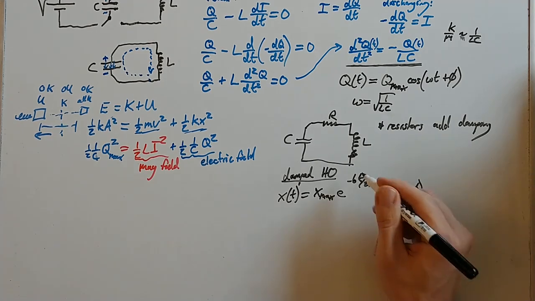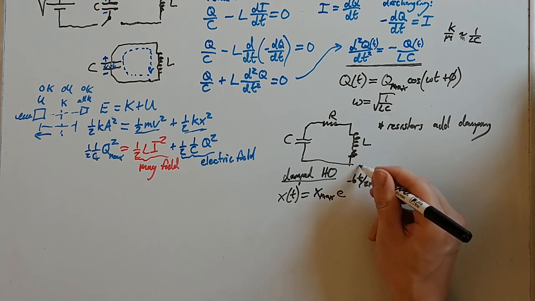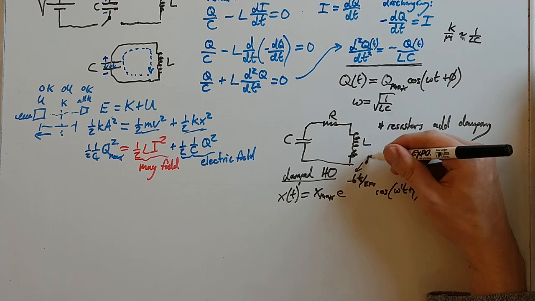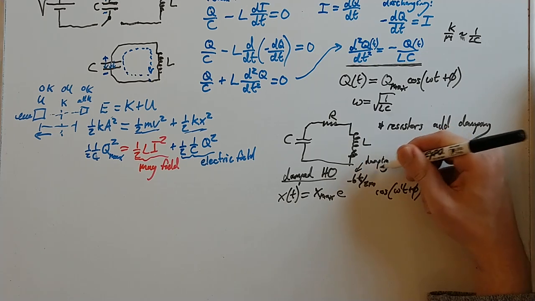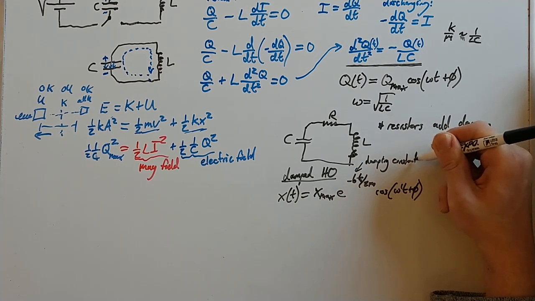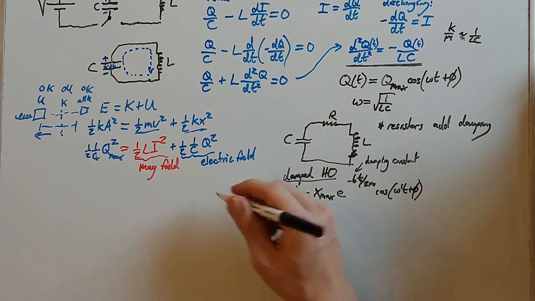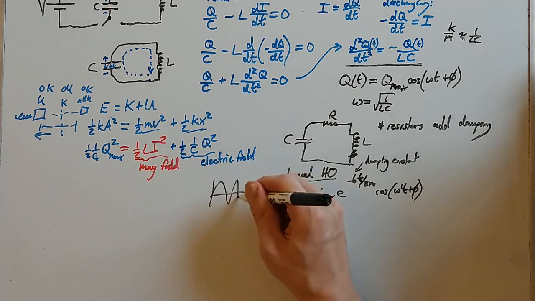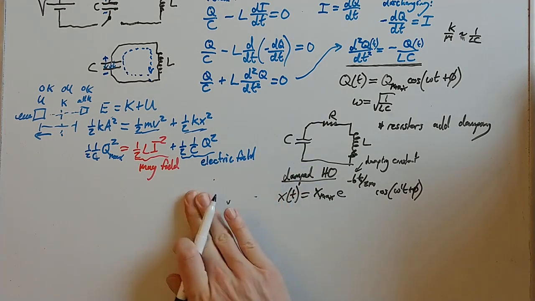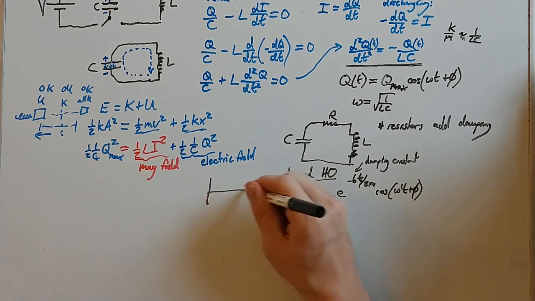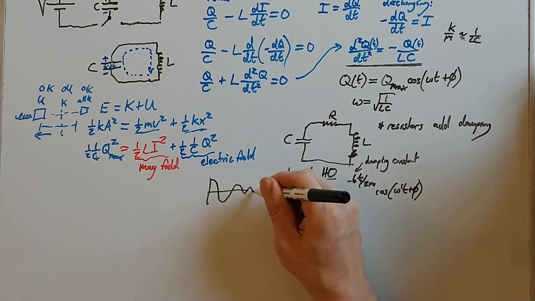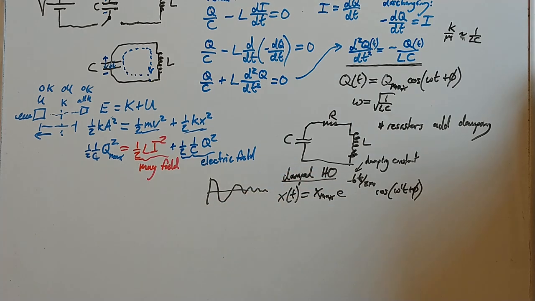Remember b was the damping constant. It caused an exponential decay, so that your oscillator, rather than oscillating forever, oscillates smaller and smaller each time.